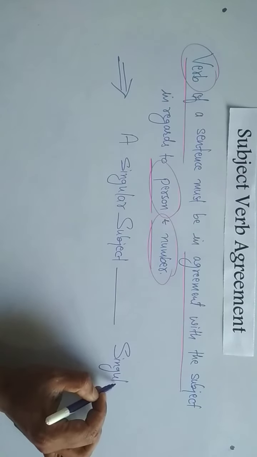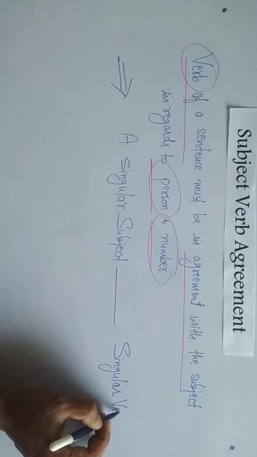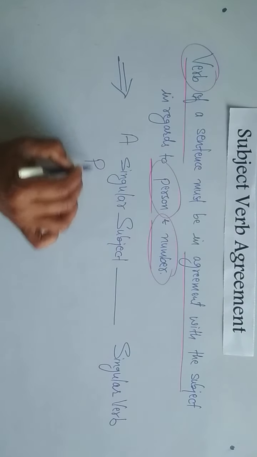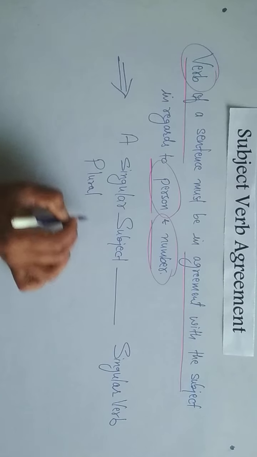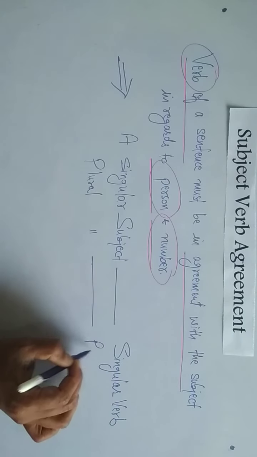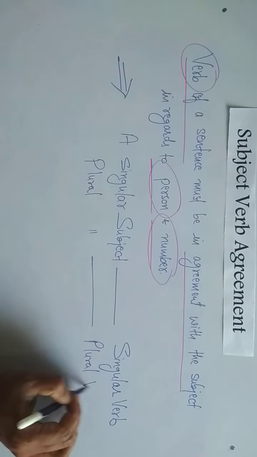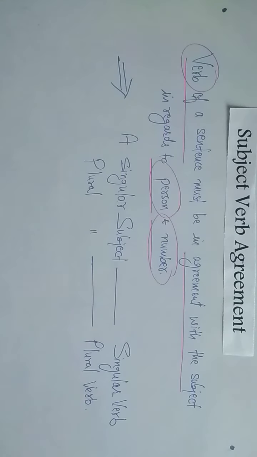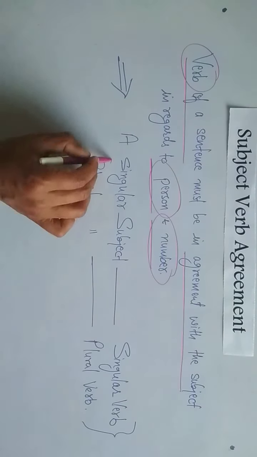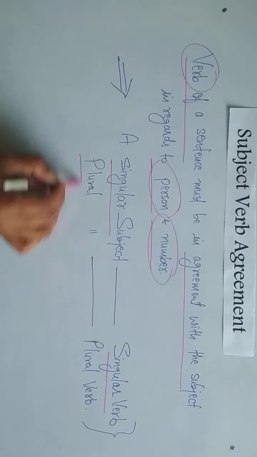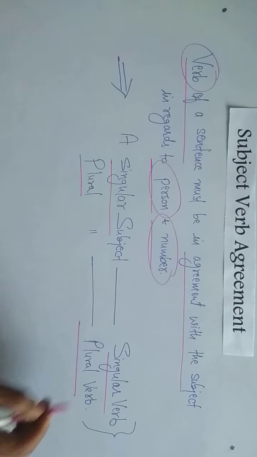A singular subject always takes a singular verb, and a plural subject always takes a plural verb. Students, this is the key point you must always keep in your mind. A singular subject always takes a singular verb, and a plural subject always takes a plural verb.